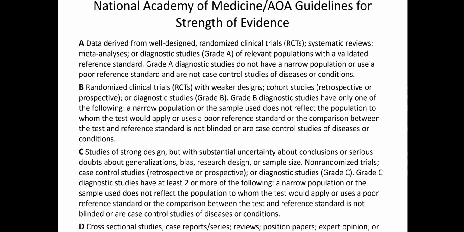For example, a non-randomized trial, or a case control trial, which is a retrospective design in which you find cases, people with, say, glaucoma, and then you collect data from people without glaucoma, and then you go back and try to figure out what was different in their growing up that would lead to glaucoma.